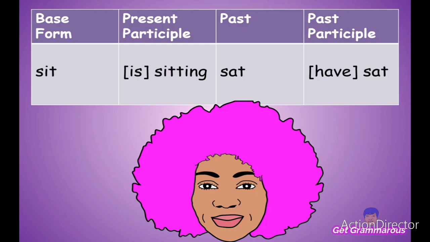The base form is sit, the present participle is sitting, the past tense is sat, and the past participle is have sat or has sat, depending on whether the subject of the sentence is singular or plural.